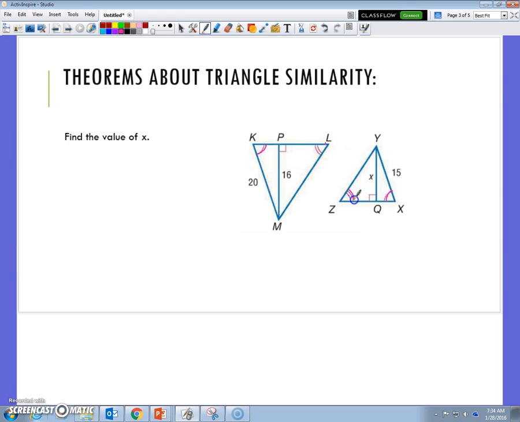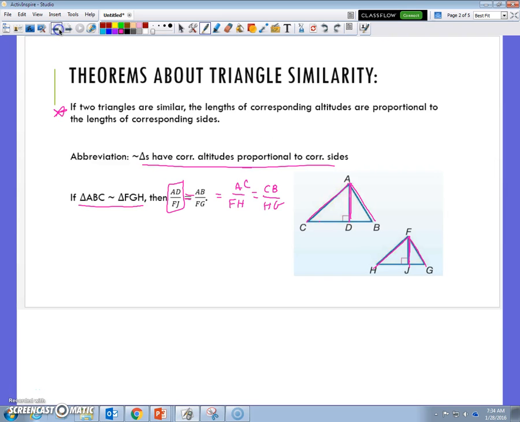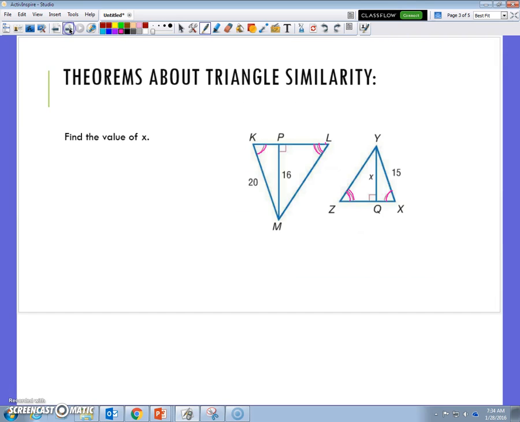That tells me through angle-angle that for sure these are similar, so we can go ahead and use our theorem. The theorem is kind of hard to remember because there's a lot of words: similar triangles have corresponding altitudes proportional to corresponding sides. The more we say that, the more familiar we're going to be with it.